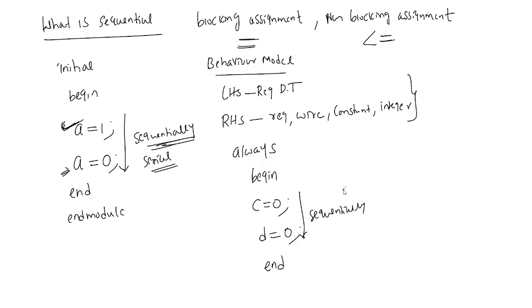If it is non-blocking, what happens? Suppose I am writing always begin, c non-blocking with 0 and d non-blocking with 1, end module.